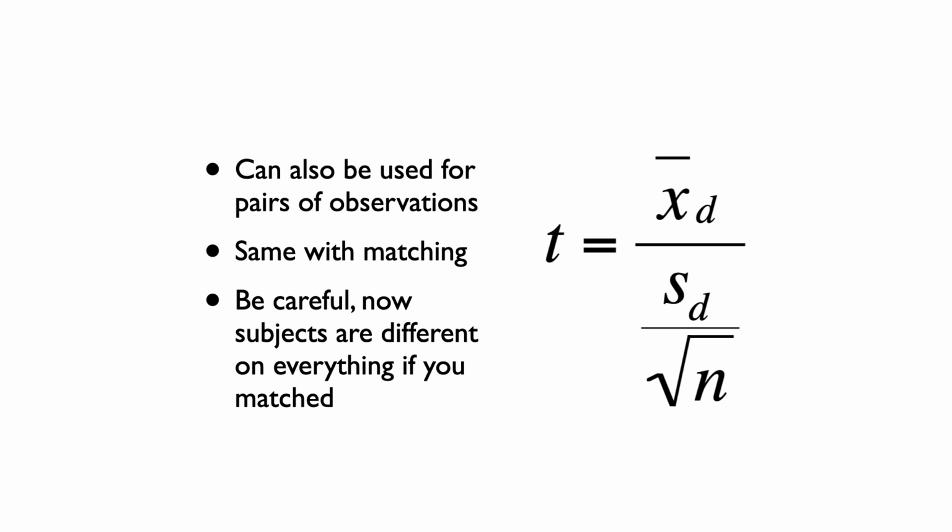You'll see a lot of animal work where you can have two rats that are littermates. That's a great control. They're basically the same animal, or twins. You could do this with twins. That'd be fun, right? But typically, it's before and after the same people, or some measure that is the only thing going to be affected by matching like this, something like blood pressure. So in that case, we'll use it.